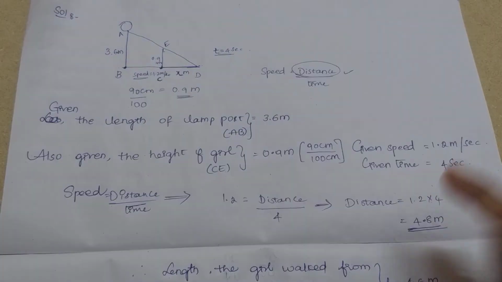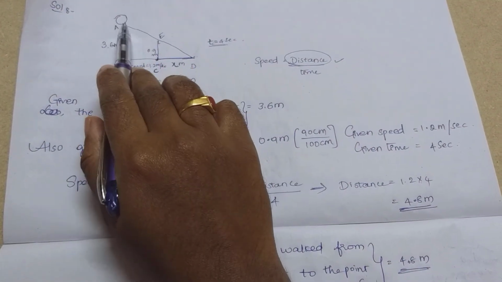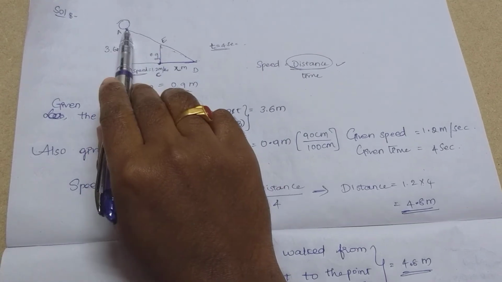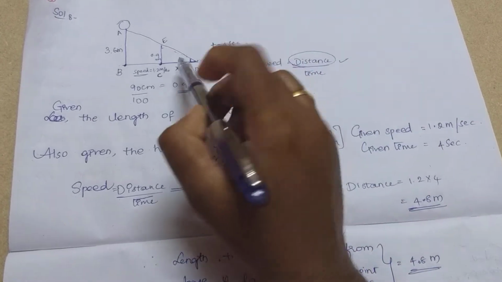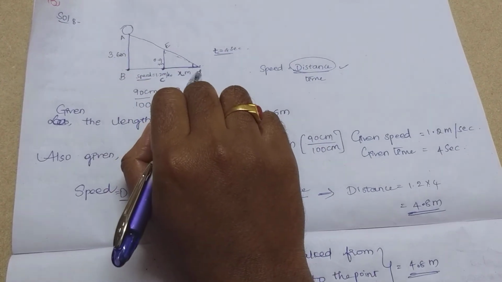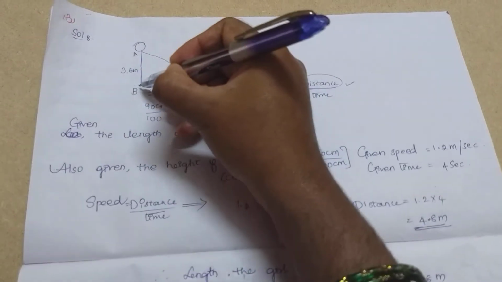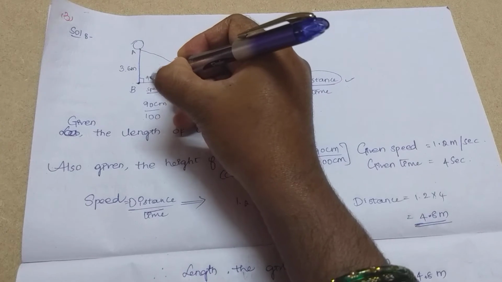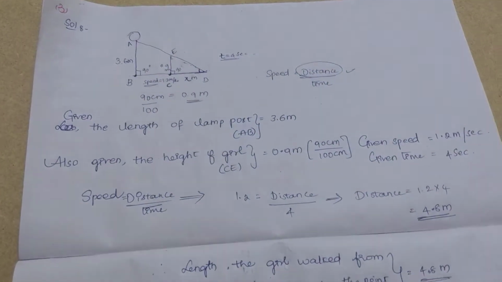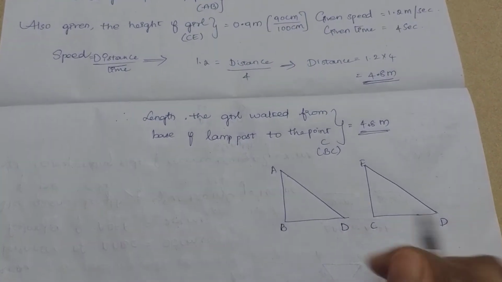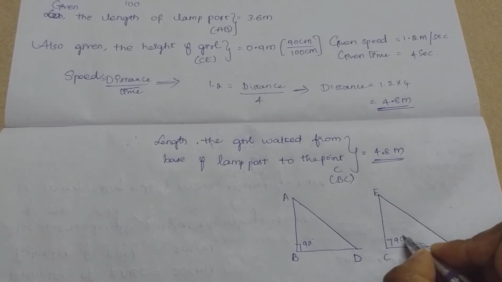From the lamp post, the rays will be from this point to here. The rays will be at the same angle. In these two triangles, the angle formed at B is 90 degrees and at the point C, the angle formed is also 90 degrees.